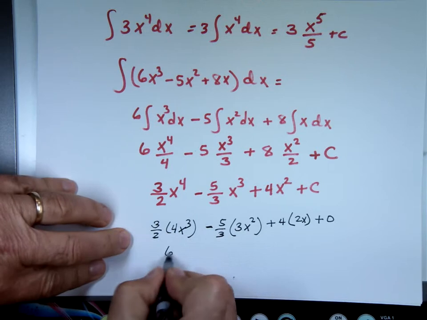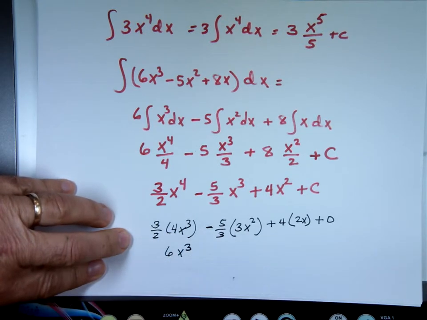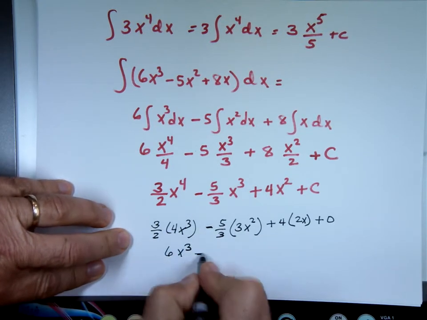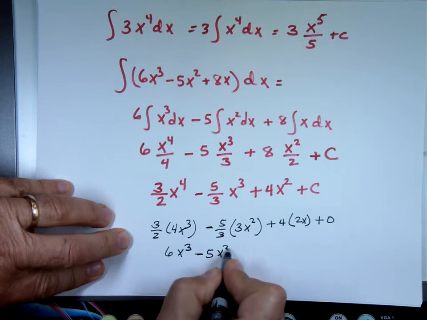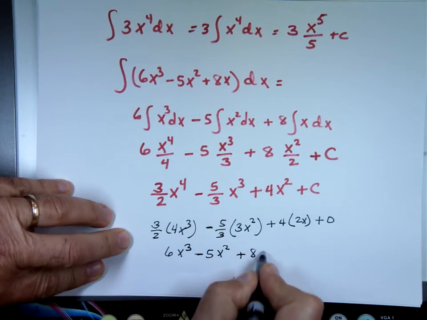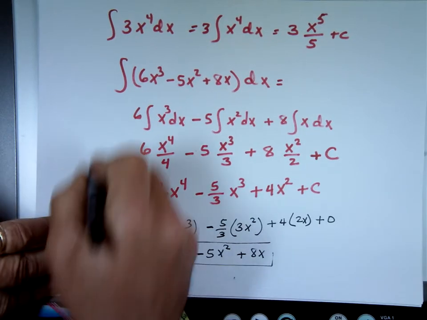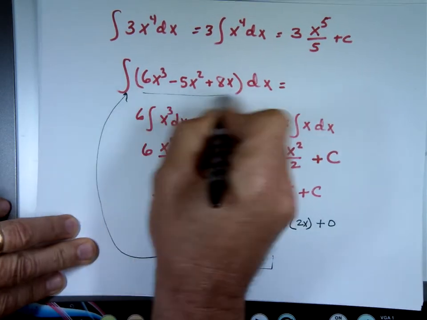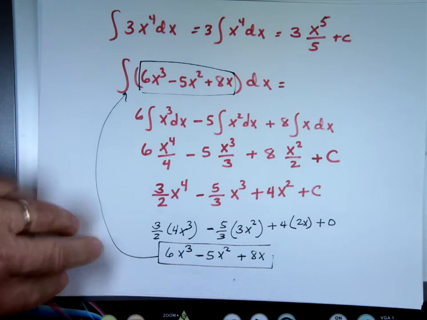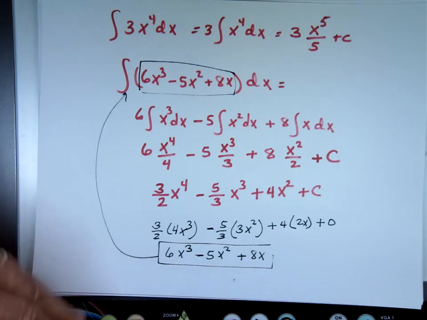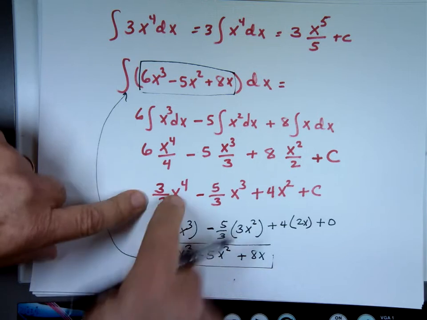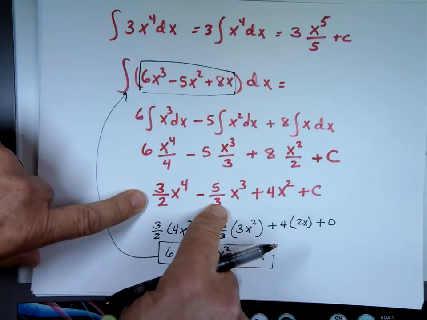That's 6x to the third. Minus 5x squared. Plus the 8x. Is that what we started with? Look right there. Which function has a derivative that's equal to that? That's this function.